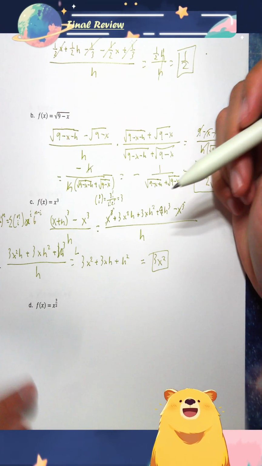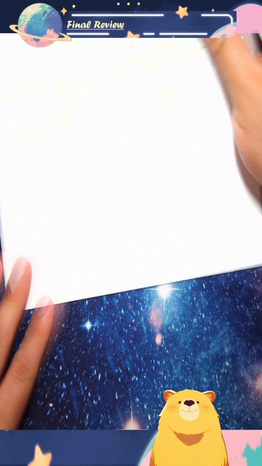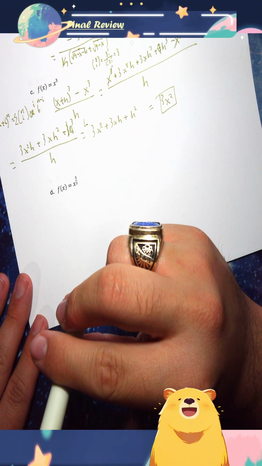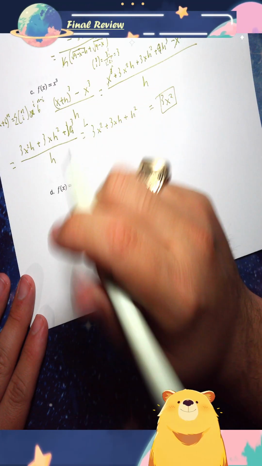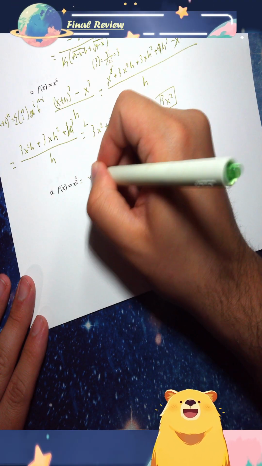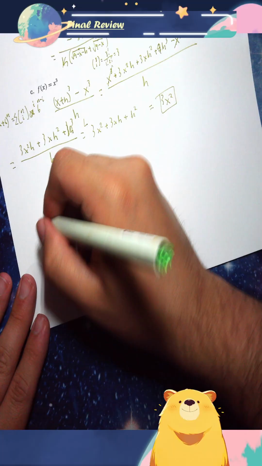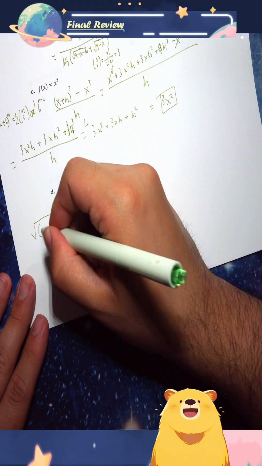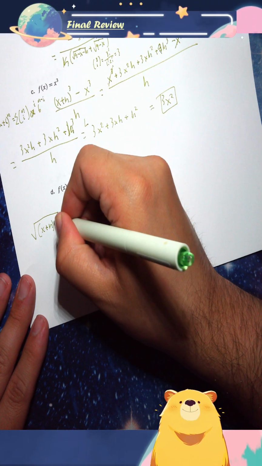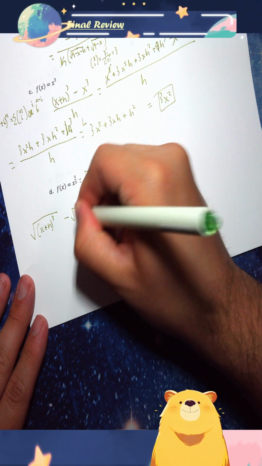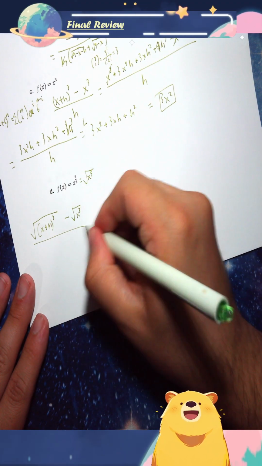And again, we know that that's the derivative. For here, we'll get a similar thing. I think it'd be better if we just rewrote it as a square root first. So x to the power of 3 over 2 becomes the square root of x cubed. So we get the square root of parentheses x plus h to the power of 3, then minus the square root of x cubed over h.